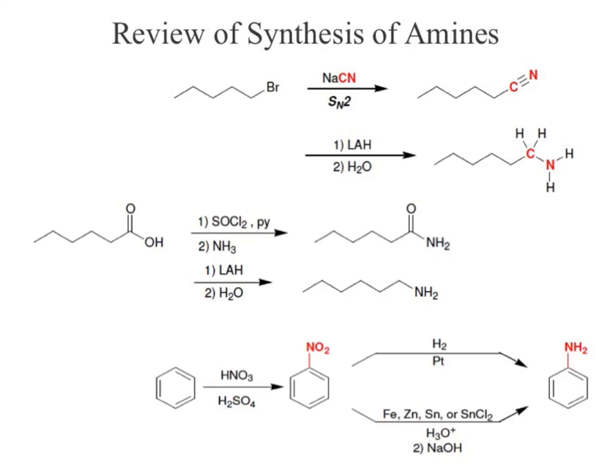This slide is actually kind of nice because it gives all the options. We can do H2 and platinum. And then the other option is pretty much any sequence of metal and acid. No one seems to be consistent on which metals they use, which means if you see a metal and acid with a nitro group, you're probably just reducing it. Okay. Straight down to the amine.